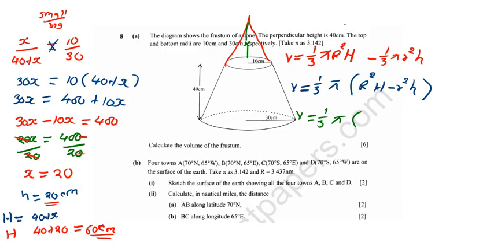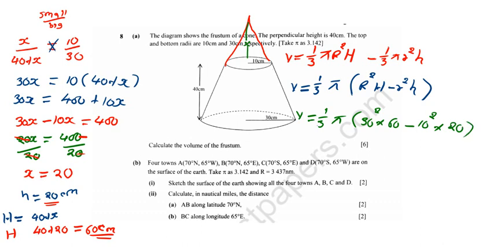So it will be 30 squared times the big height, I have 60. So here I say times 60 minus the small r, I have 10 there. So it will be 10 squared times h, which is the small height, I have 20. So yes, I multiply by 20.